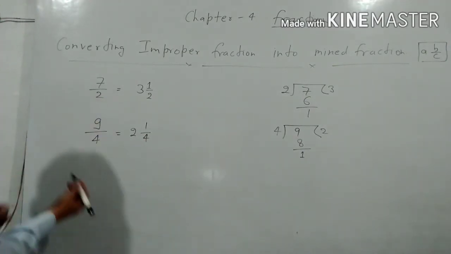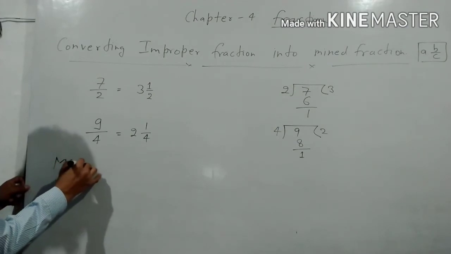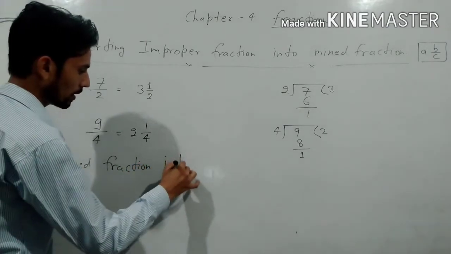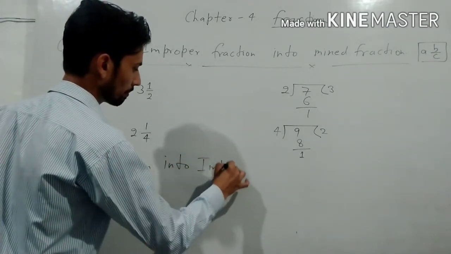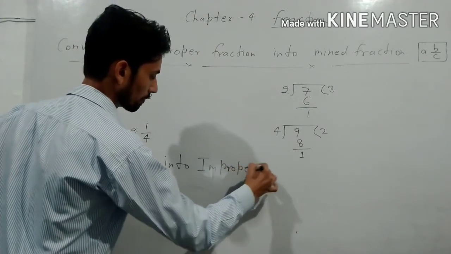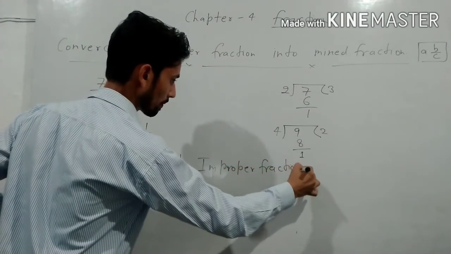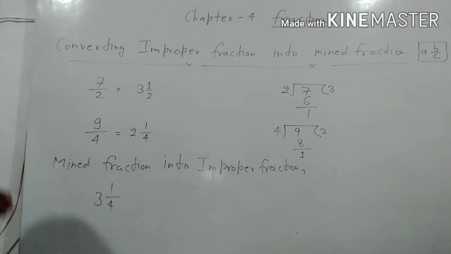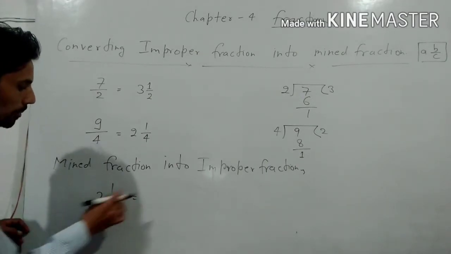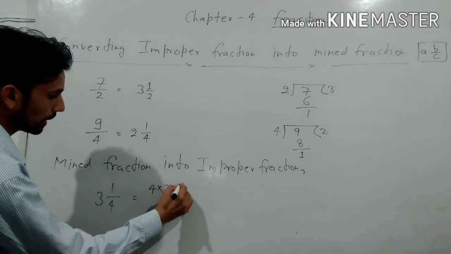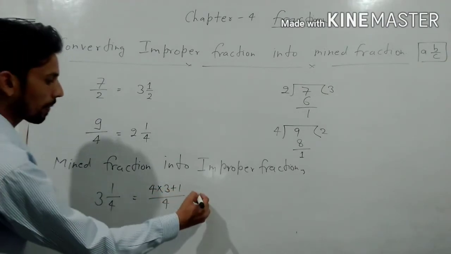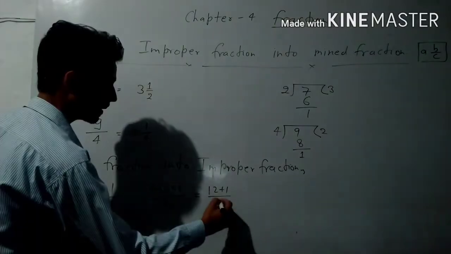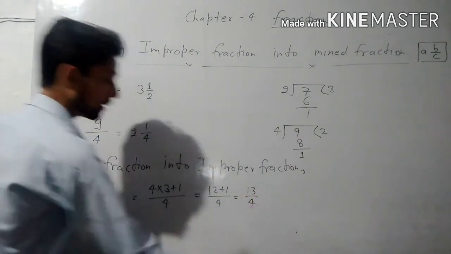If we want to convert a mixed fraction into an improper fraction, 3 1 upon 4. So first of all, 3 multiply 4 plus 1 upon 4. 4 threes are 12. 12 plus 1, 13. 13 upon 4.